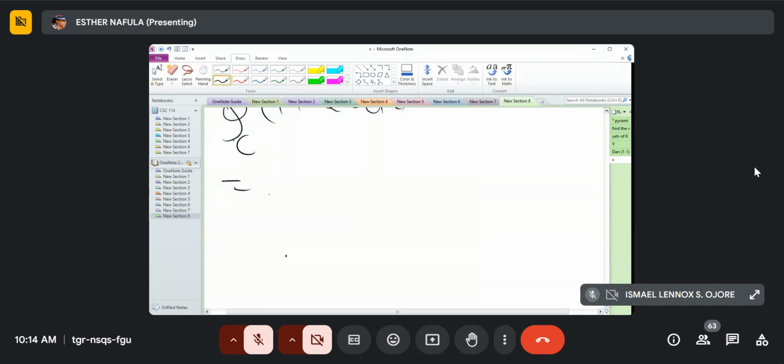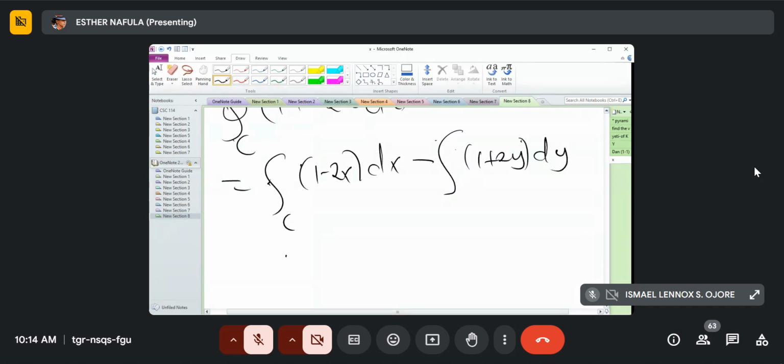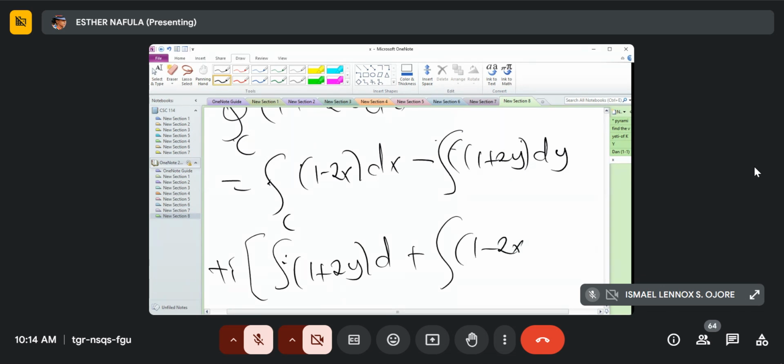So we are integrating the line integral 1 minus 2x dx minus, we integrate this 1 plus 2y dy, plus i times two integrals here, 1 plus 2y dx plus, we're integrating 1 minus 2x dy.